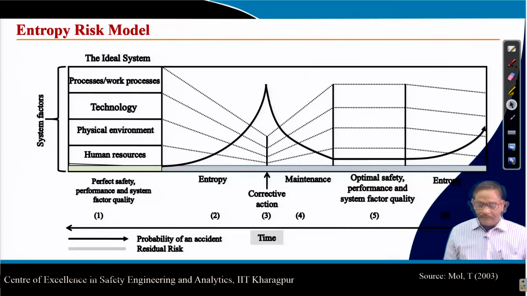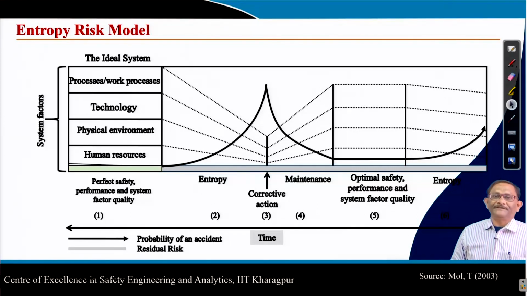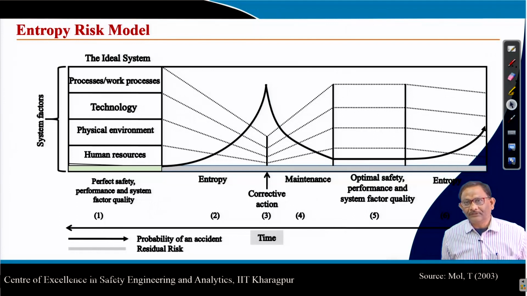Now, another important concept is called entropy risk. Even if you follow the prevention through design approach and accordingly you understood the hazards, you computed the risk, and you have designed the risk control system, as I told you earlier also, none of the things are 100% failure free.